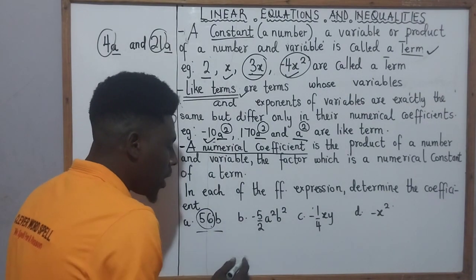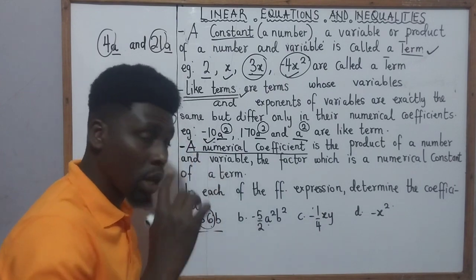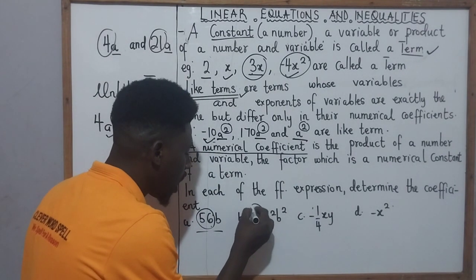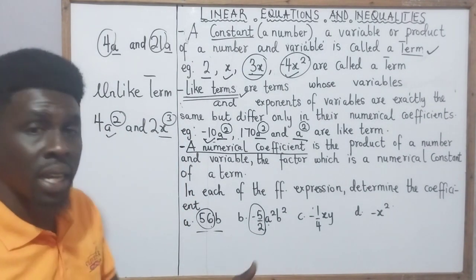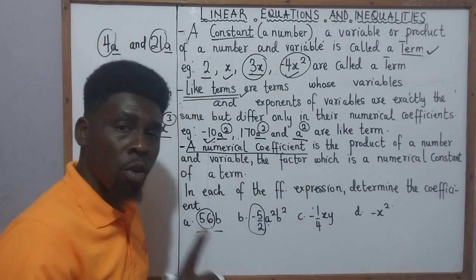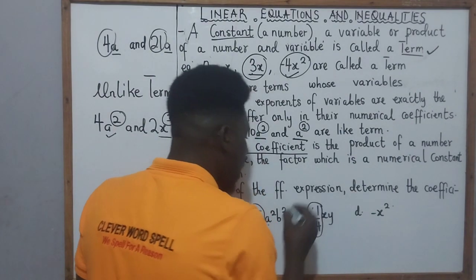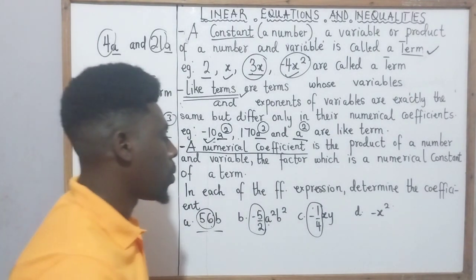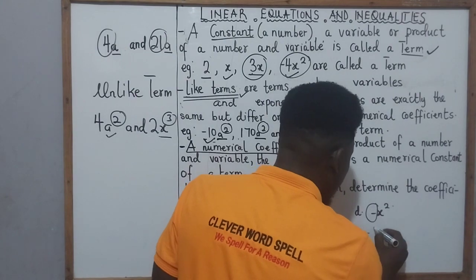When we come to B, negative 5 over 2 a squared b squared, looking for the numerical coefficient, our numerical coefficient is negative 5 over 2. And I guess you can do the rest. When we take negative 1 over 4xy, our numerical coefficient is negative 1 over 4. And when we come here, our numerical coefficient becomes negative 1.